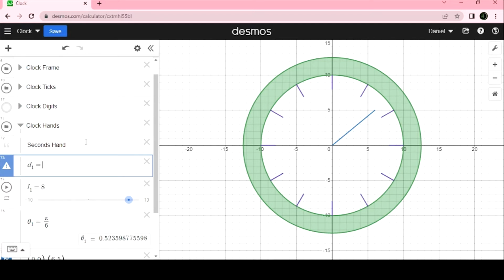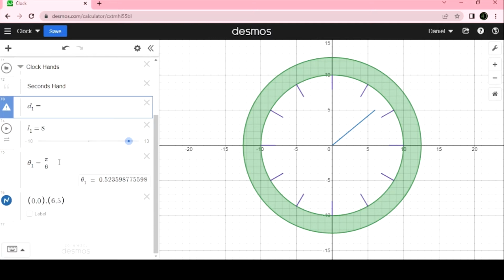This will make the calculations easier when we calculate at what angle the hour and the minute hand should be, and we'll have the calculator figure out what that means in terms of theta and where these points should end up.